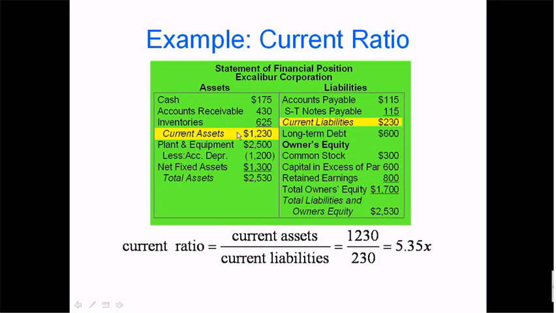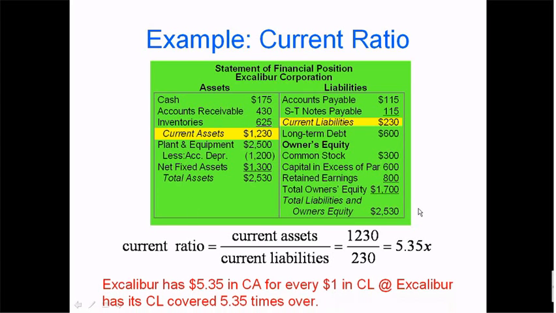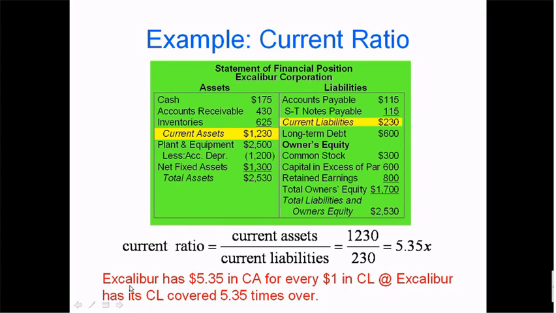You can just get the information from the SFP. Remember the scenario just now, the banker requested some documents, so you showed her the statement of financial position, right? Most probably she would have looked at your current assets and compared it with the current liabilities. That's the current ratio. So the conclusion here, we say that Excalibur has $5.35 in current assets for every $1 in current liabilities.